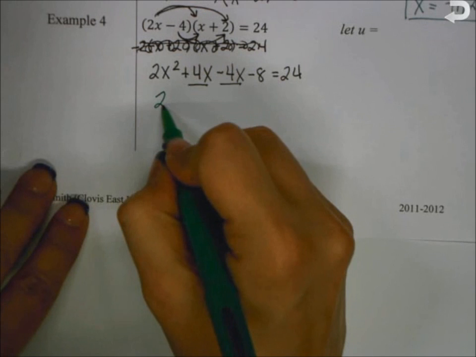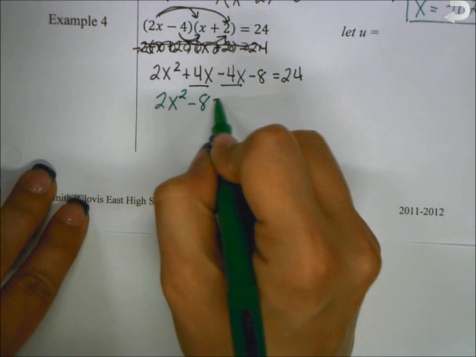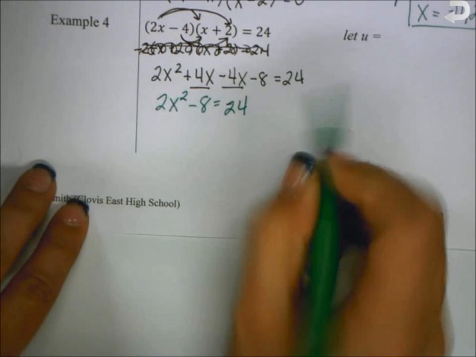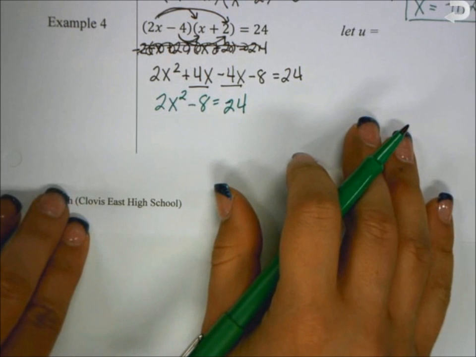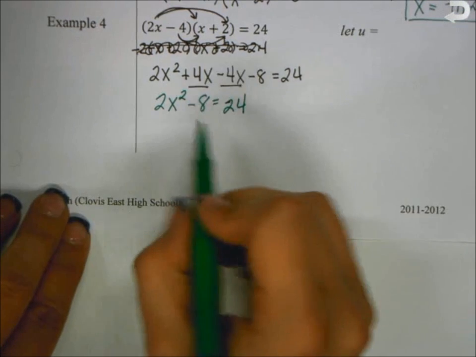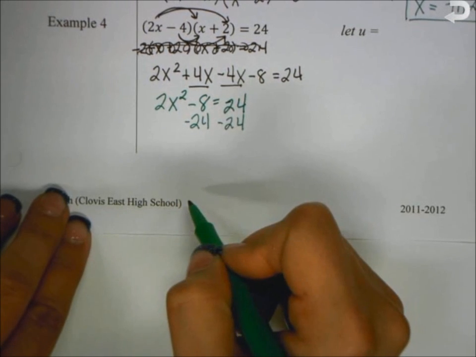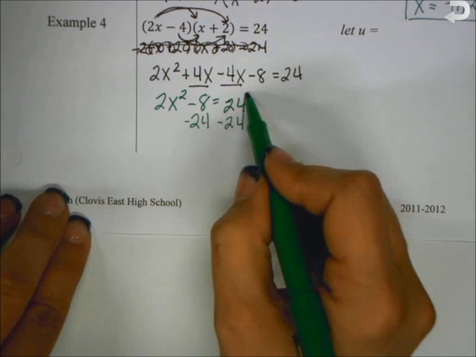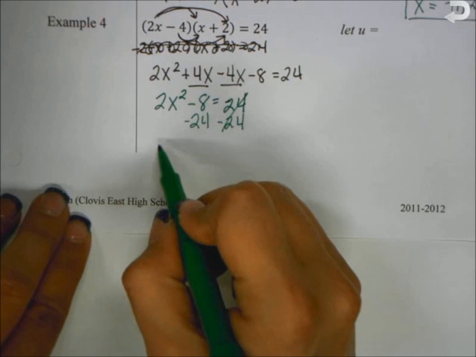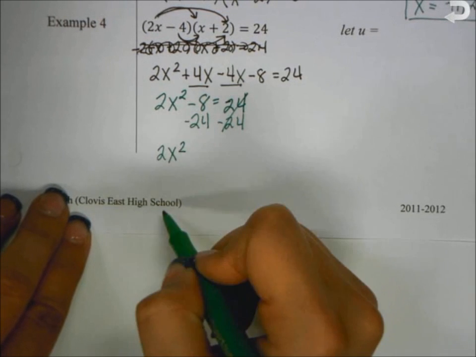So if I subtract 24, I would get 2x squared minus 32 equals 0. And what do I need to do to factor this?